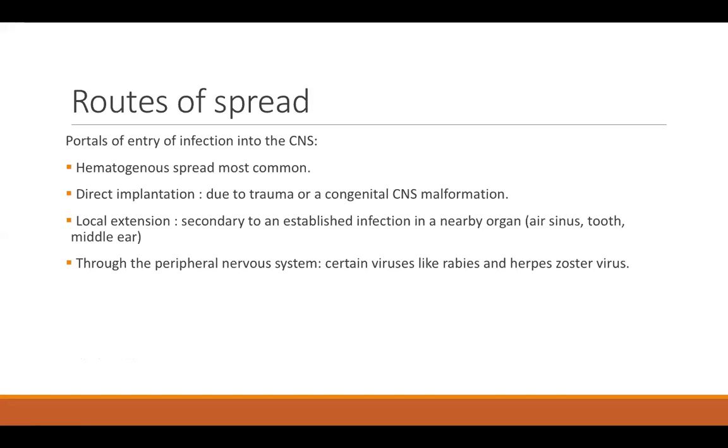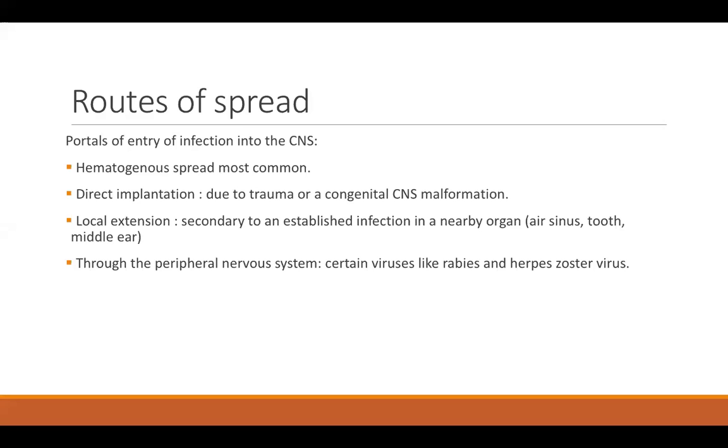First and most commonly is by hematogenous spread. فلما نتكلم بعد شوي عن causative organisms, one of the most important causative organisms is Streptococcus pneumonia. Streptococcus pneumonia is a well-known cause of respiratory tract infection. So it can start off as a respiratory tract infection, enter the bloodstream and reach your central nervous system, cross your blood-brain barrier, and enter your brain and your meninges and your spinal cord. So this is the most common route of spread.